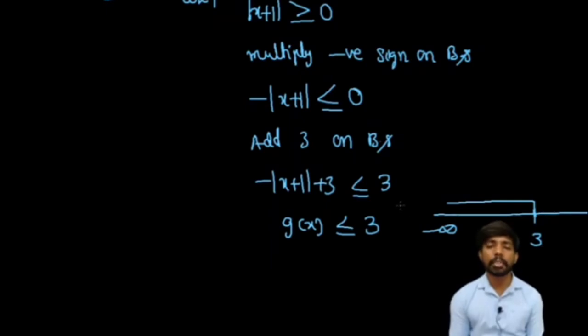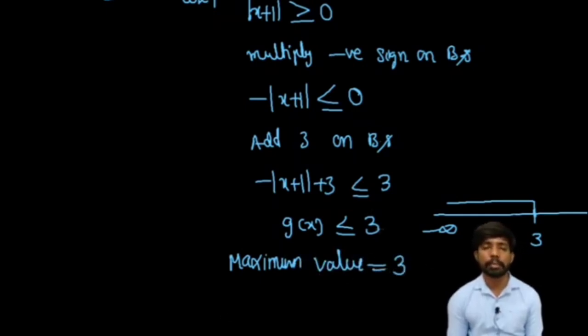We can't say a minimum value. Hence the maximum value is equal to 3, and there is no minimum value for this function. Clear? That's all. This is the solution.